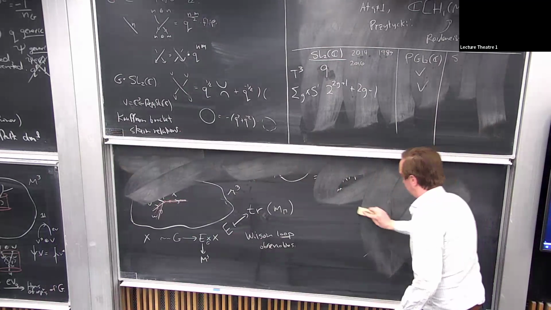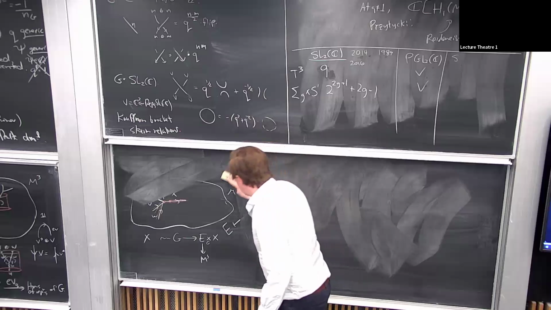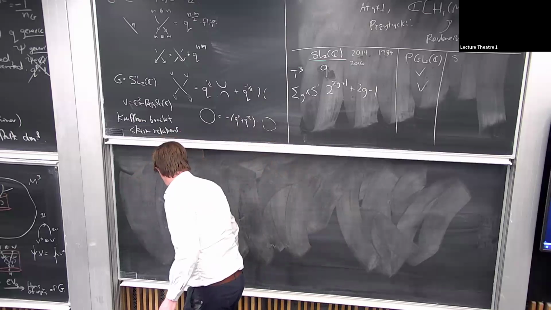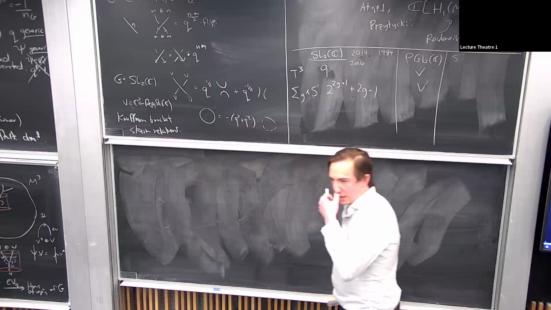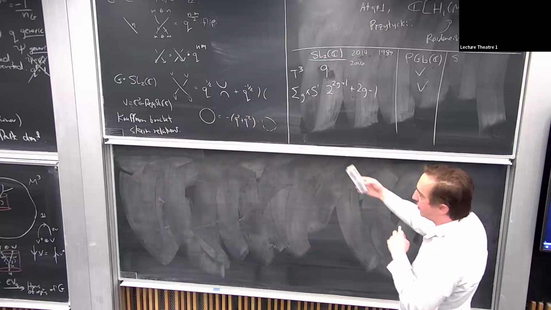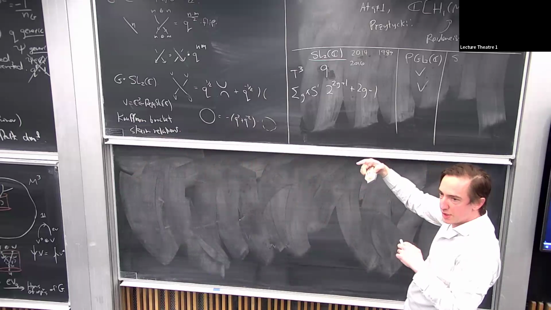What was Witten's intuition? Can you say something? Did he ever say it? He said it to us after. He believed that if you compute these dimensions, they look like the middle cohomology of the character variety, but they're off.